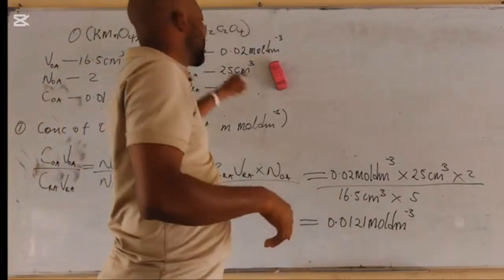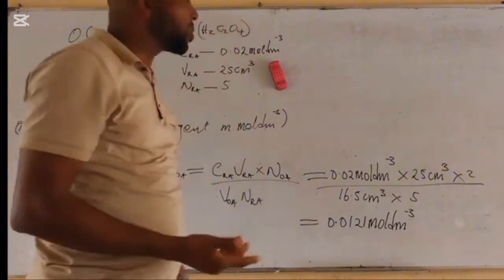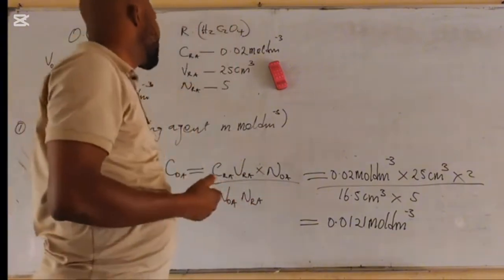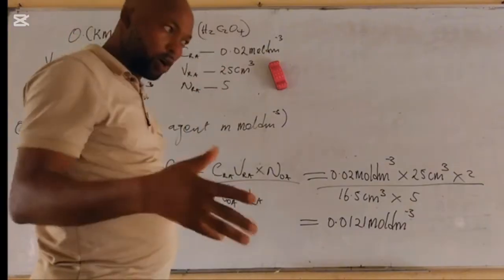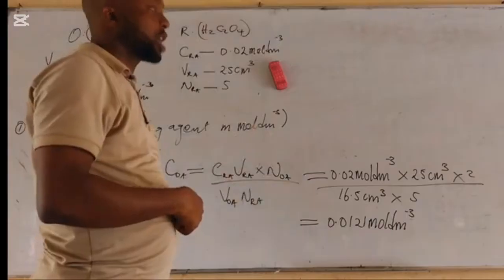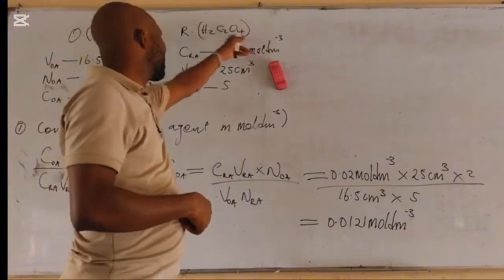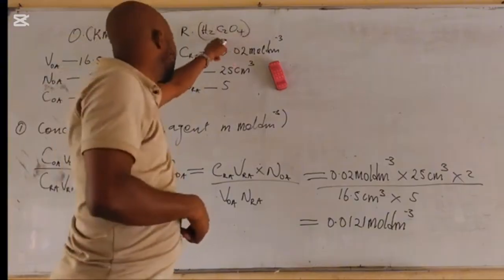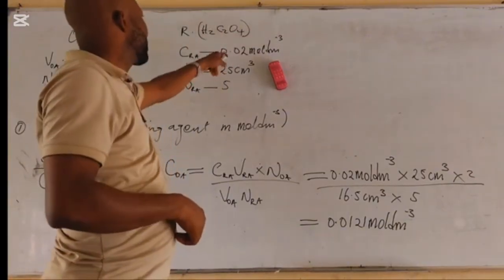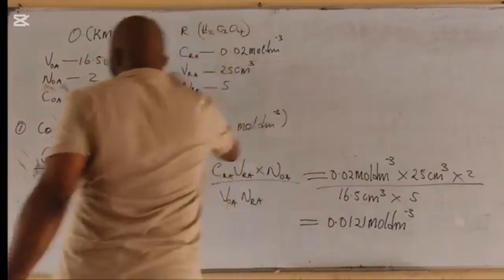So g/dm³ means the mass concentration. Now what is the formula for mass concentration? Mass concentration is molar conc times relative molecular mass. So this is my relative molecular mass. I can get it from here. I think that is 90. And the molar conc is here. So I can easily do that. So now let's do that and see.